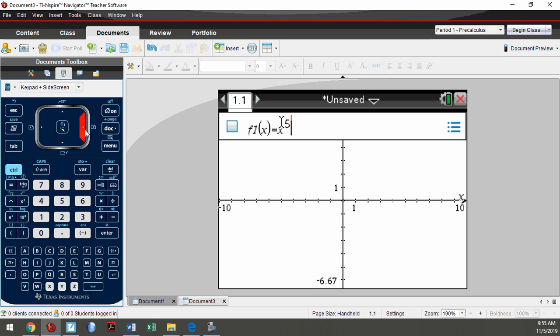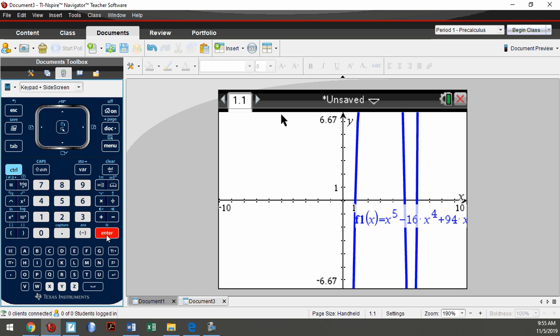Plus 16, minus 16 x to the 4th plus 94 x to the 3rd minus what? X to the second. Okay. Please make sure that that is correct. And I'm going to hit enter.